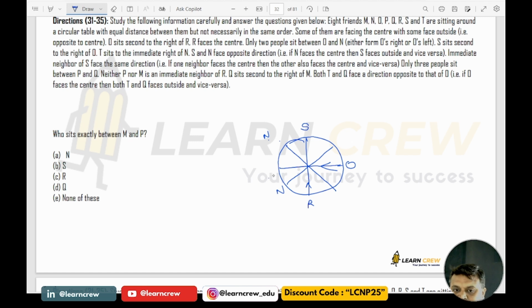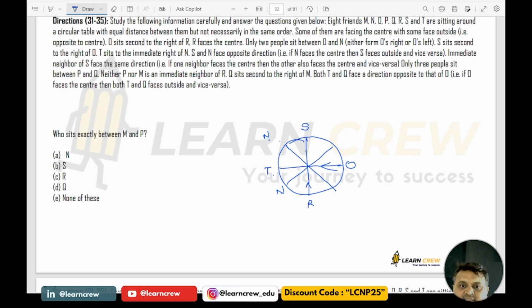So the only space left for T is this one. T is the right of N means if N is here, then this is T's right, so N is facing center. If N is here, T is the right of N means N is facing outwards. Still we have not decided whether N is here or here.